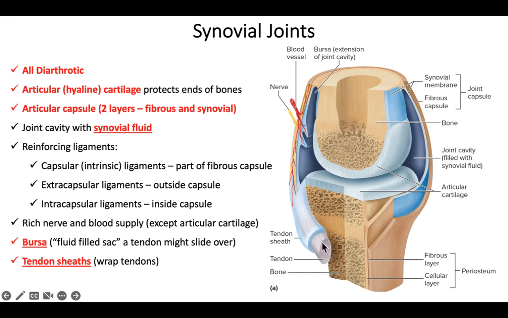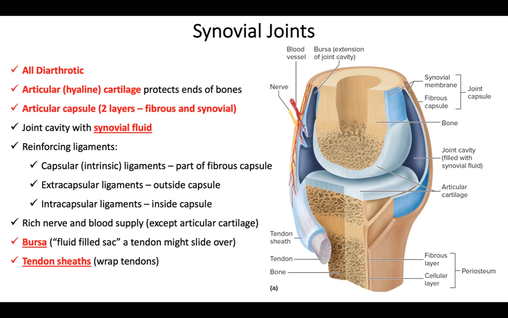So here's a tendon, and this sheath surrounding that tendon is going to protect it in the area of that joint. So these are all your basic components of a synovial joint. When we look at specific joints like the shoulder, elbow, hip, and knee, we're going to probably find all these things and even a few additional things in those joints.